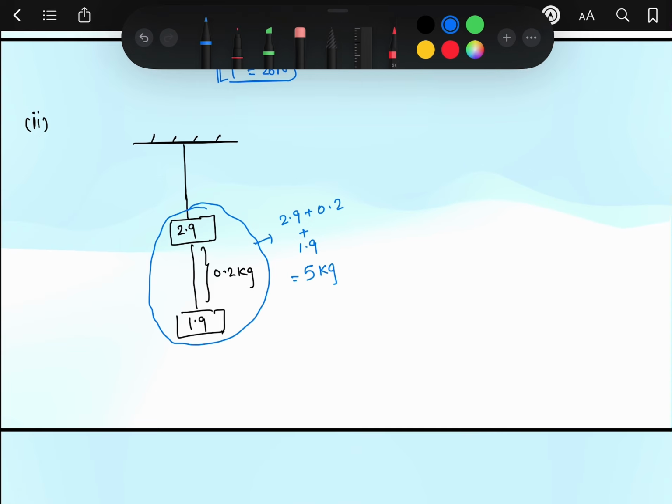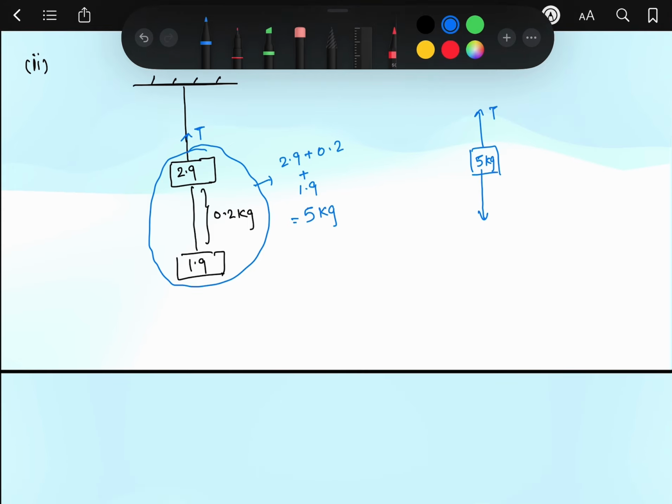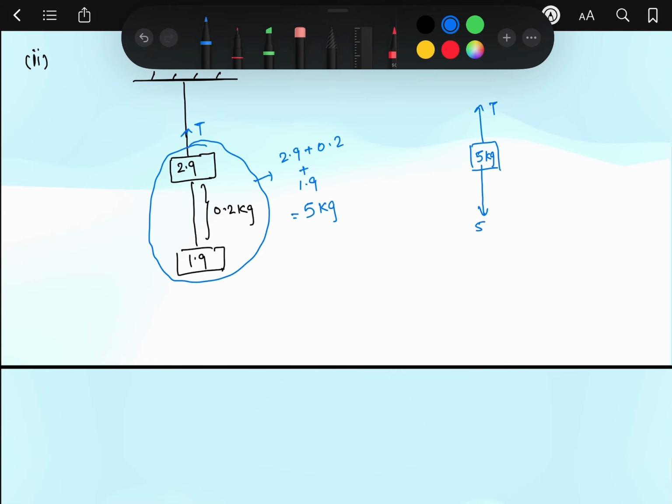So if I draw the free body diagram of this 5 kg, then there will be some tension force in this string pulling it in the upward direction. And there will be a net weight acting in the downward direction due to the gravitational pull of the earth, that is 5 into 9.8.